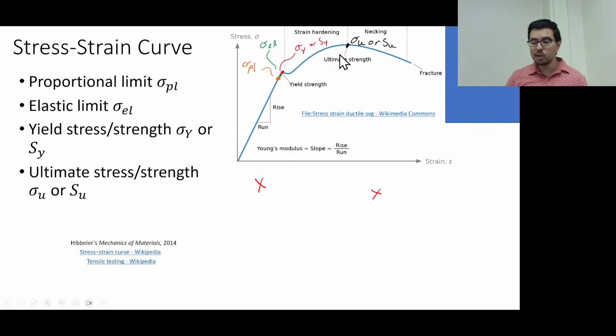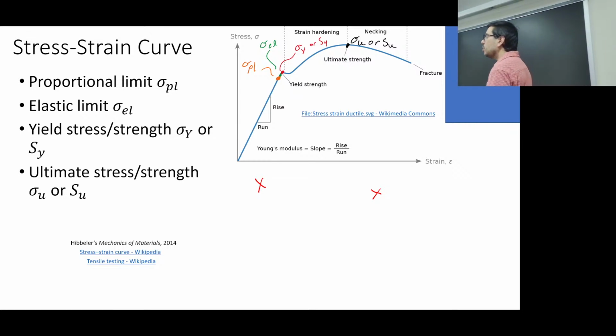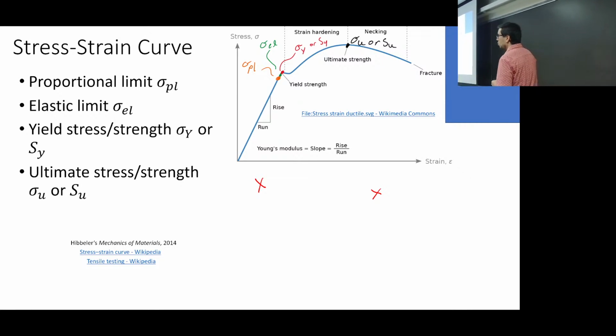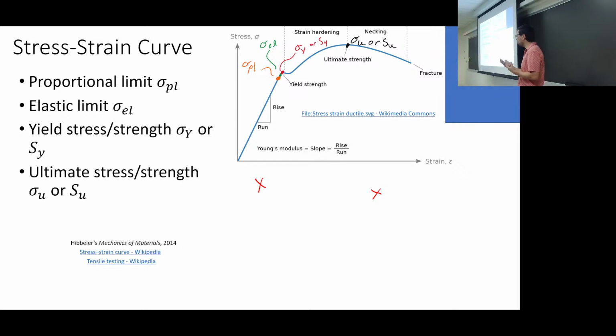And so if I use just my A naught, I'm probably going to be underestimating what the ultimate strength is. Because if I knew what that new cross-sectional area was, which would be smaller, and I had the same amount of force associated with this plot, I'm going to get a higher value than if I just continue to use A naught.